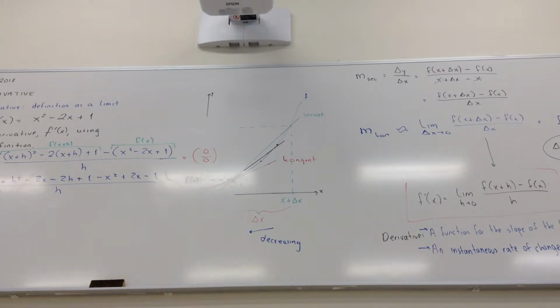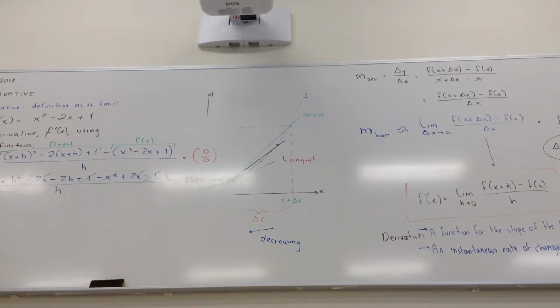You cancel the x squared with minus x squared. Anything else? Minus 2x with 2x. 1 minus 1. So I just have 2xh, h squared, minus 2h. Can I factor something there? Yes.